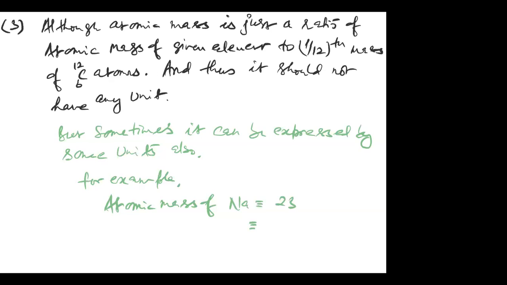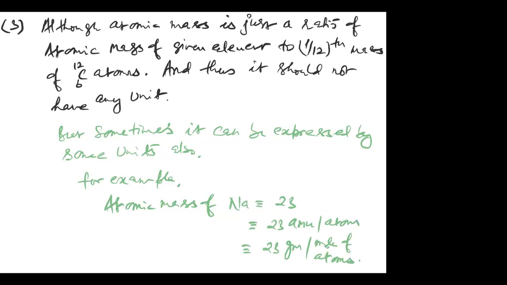It may be written as 23 AMU per atom of sodium, and it is nothing but 23 gram per mole of atoms. So it is the same correlation again.